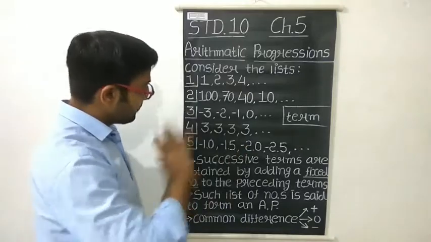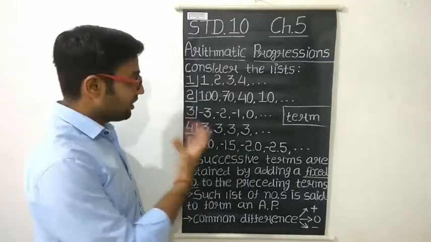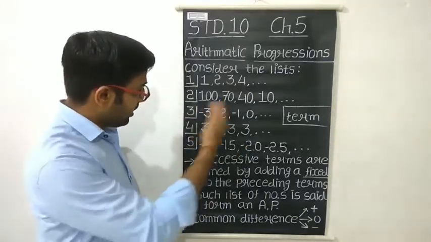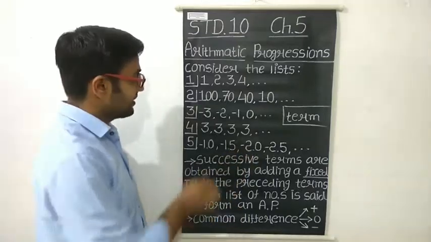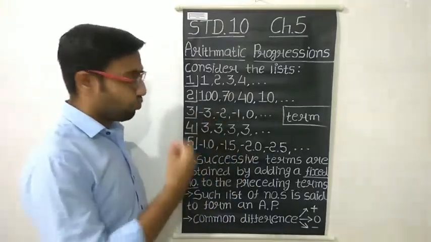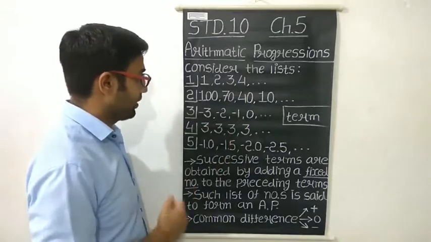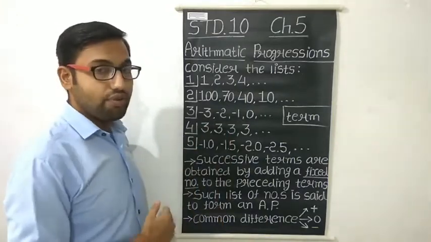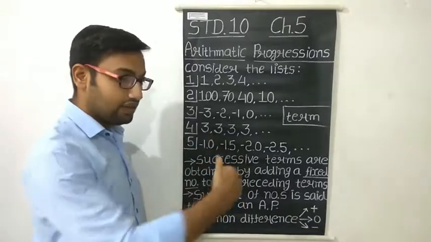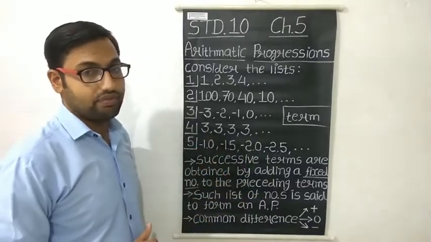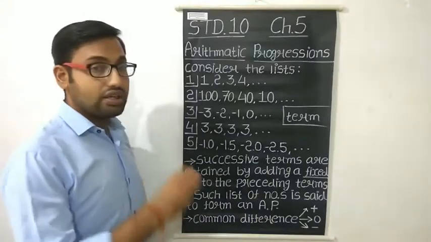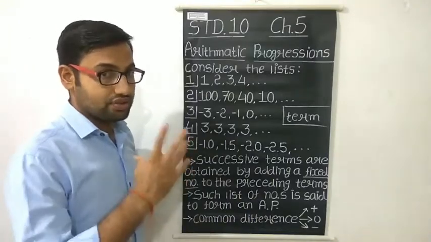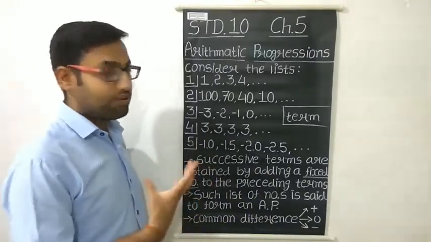So in all these 5 examples, one thing we have noticed is that all are numbers. The numbers are either decreasing or increasing, or the same number continues. The third thing we have to notice is the difference. Now see, that is the important point.